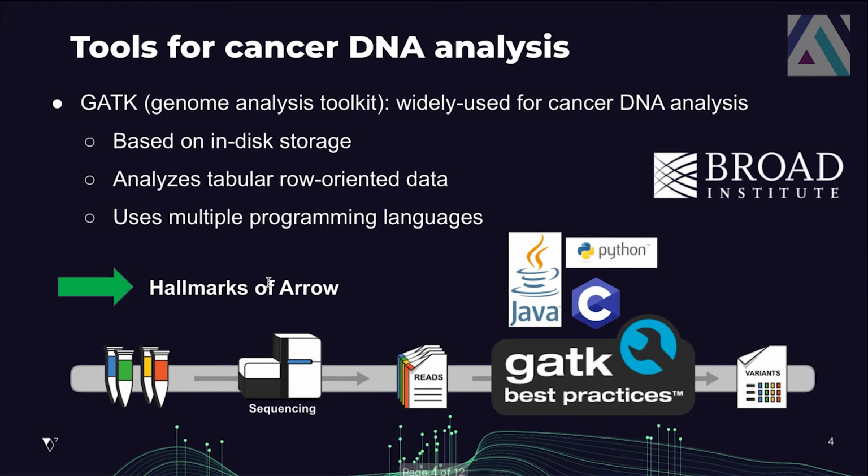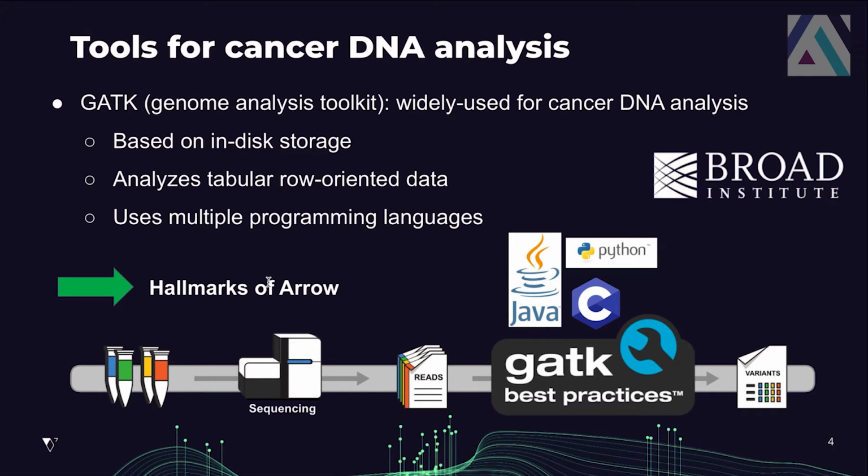One of the most widely used DNA analysis workflows is called the GATK workflow, which is the Genome Analysis Toolkit developed by the Broad Institute, used widely for cancer DNA analysis, for example, to identify mutations or variants in the DNA sample of a patient.